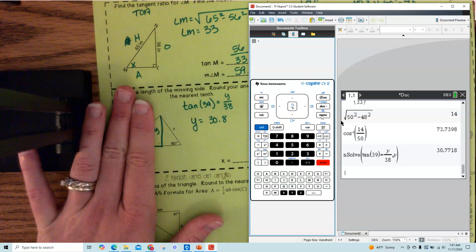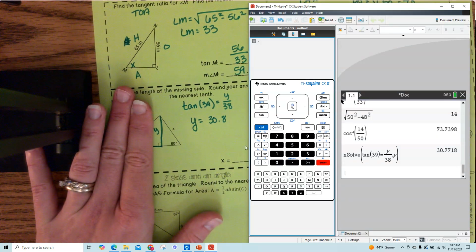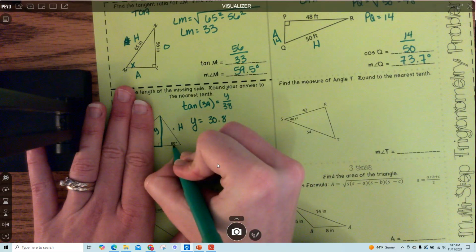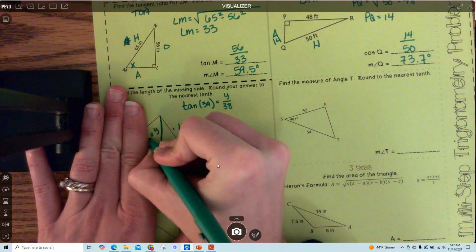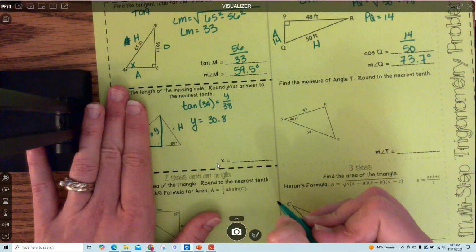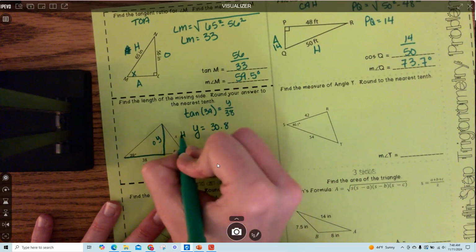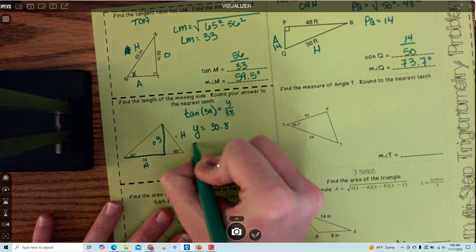So now if I go to this other little triangle here, this would be the hypotenuse. With this angle measure, this would still be the opposite. So if I have opposite and hypotenuse, that's sine.